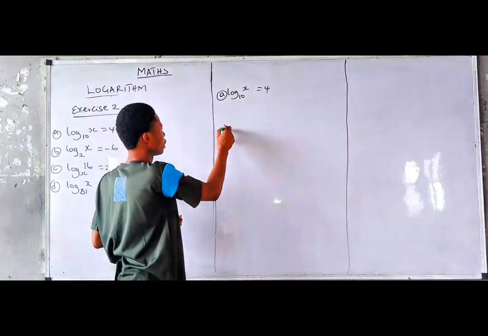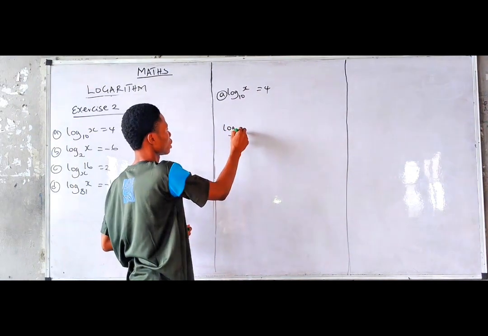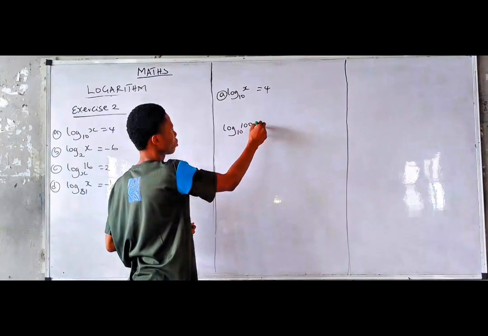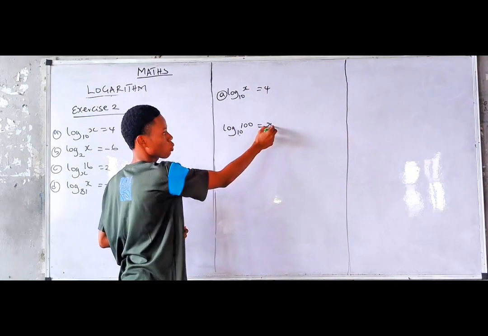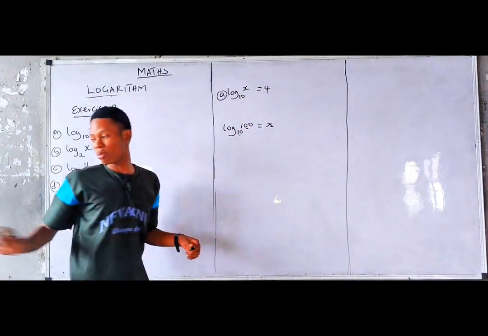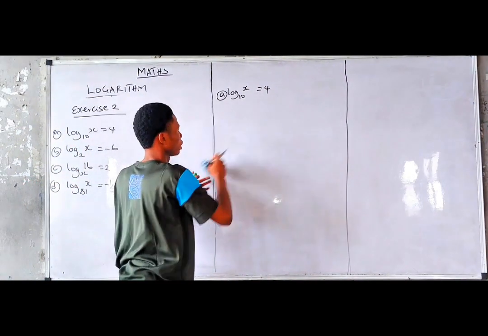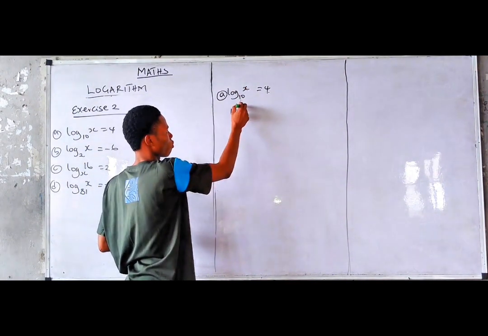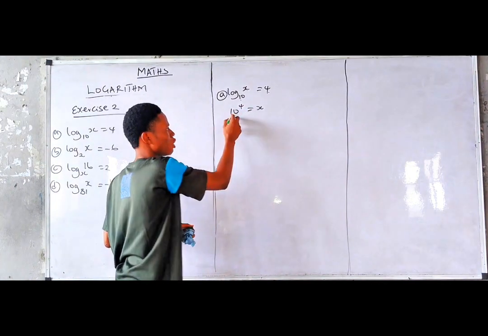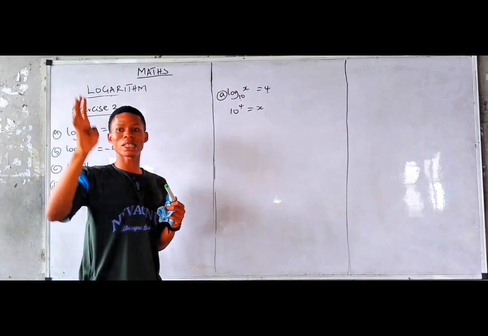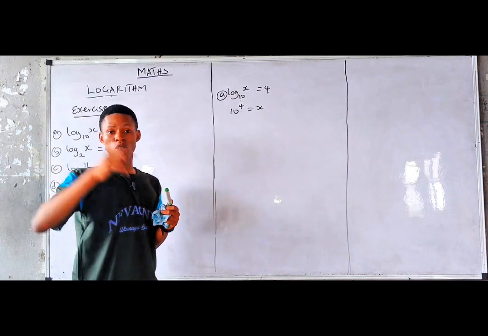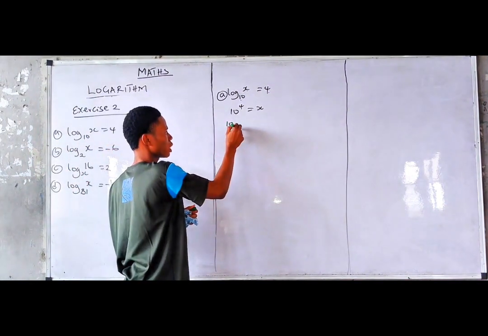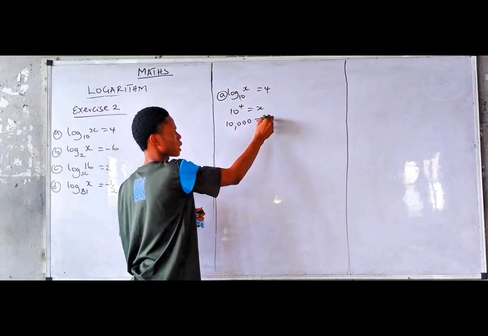Before we were having something like this, so we said 10 raised to power x to give us this. The same thing now we apply it here. 10 raised to power 4 will give us x. So we have 10 raised to power 4 equal to x. And you agree with me that 10 raised to power 4 is 10 times 10 times 10 times 10, which is 10,000. So 10,000 equal to x. That's all.